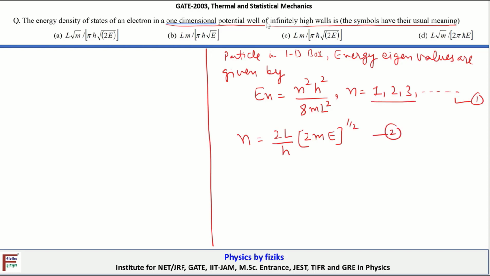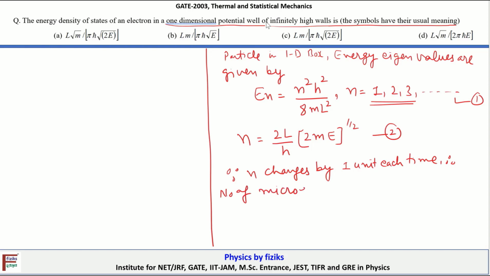As we noticed in equation 1, n is changing by 1 unit each time. Therefore the number of microstates is given by omega(E), which is equal to the value of n, that is 2L upon h multiplied by (2mE) to the power 1 by 2.